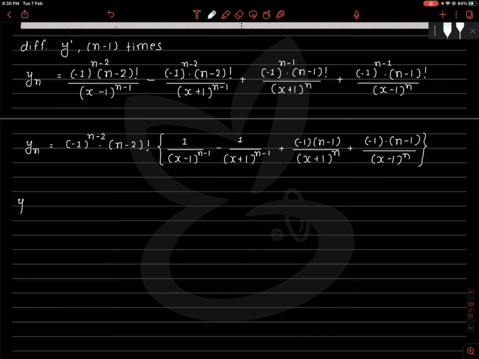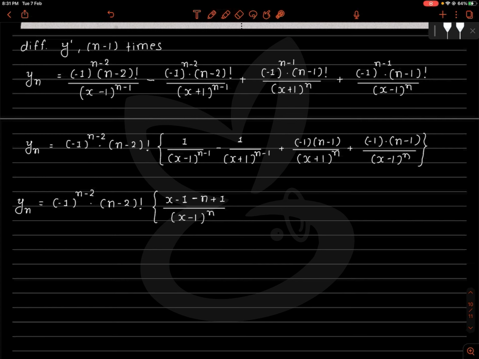So we will write the nth derivative equal to (minus 1) raised to n minus 2 into (n minus 2) factorial into the bracket, we will get x minus 1. Now we are taking these two terms into consideration. We will get (x minus 1) minus (n plus 1)... upon (x minus 1) raised to n.